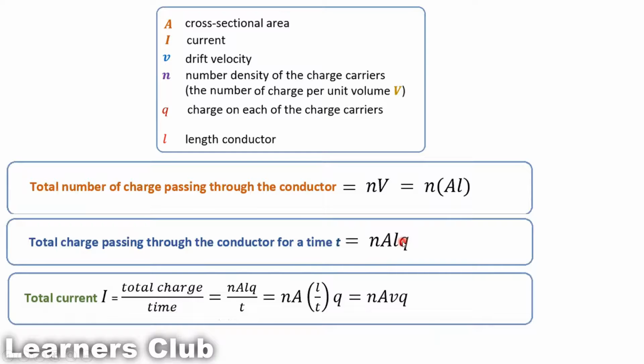We already found our charge as nALq, over time t. I can rearrange it like this, nA L over t into q. Length over time gives the average velocity, which is our drift velocity. This expression is valid for both positive and negative charges.